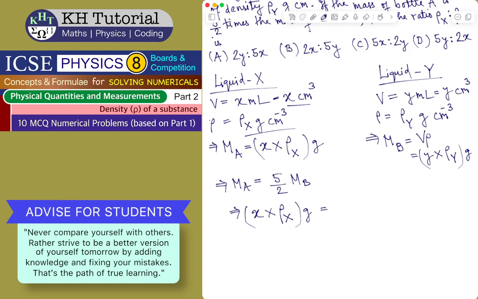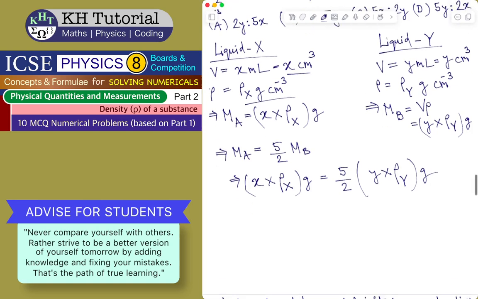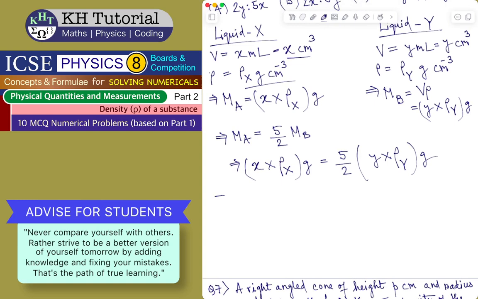This is equal to 5 by 2 times the mass MB, which is the mass of the bottle B containing liquid Y. This we have found to be equal to Y multiplied by rho Y, this much gram. So we have to find the ratio of rho X and rho Y.